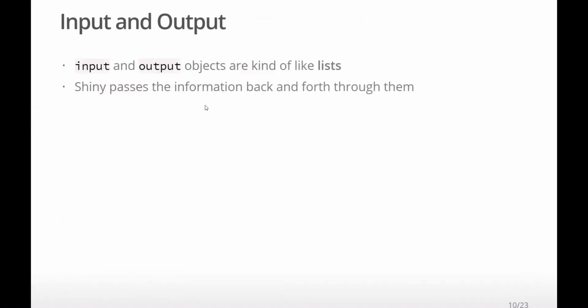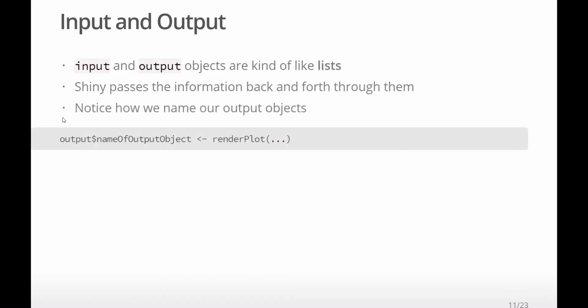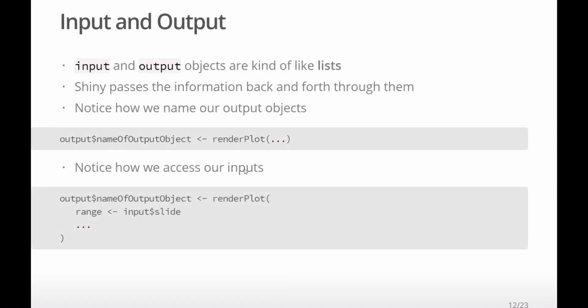Now similarly, we saw the output object, we're really doing output $ the name. And so really we can think about input and output as list-like objects that we're passing back and forth. Okay. So we have output $, this is the name we're giving that output object. And when we access our inputs, again, we're doing input $ slide. So in both of these cases, it's just like adding a named list element.